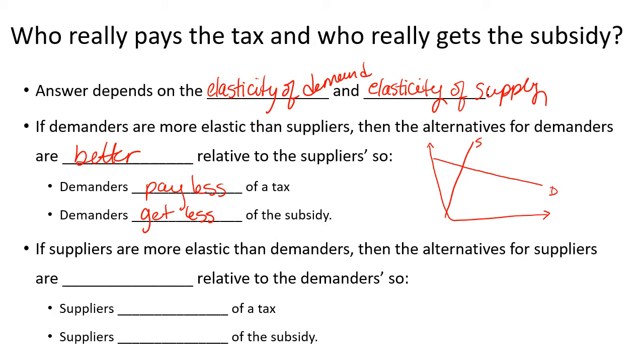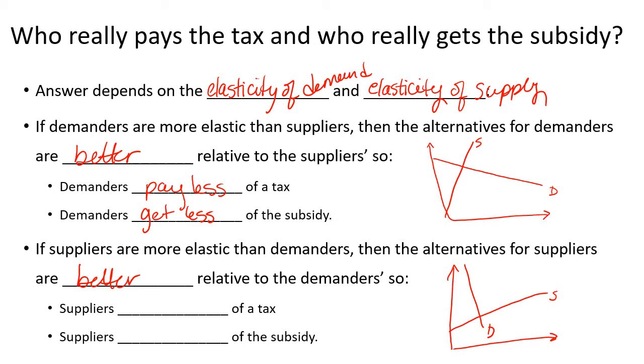Whereas if suppliers are the more elastic one, then that means that the suppliers have better alternatives. Right, so they could switch to producing another product or something like that. So in this case, the demand is steep, but the supply is flat.